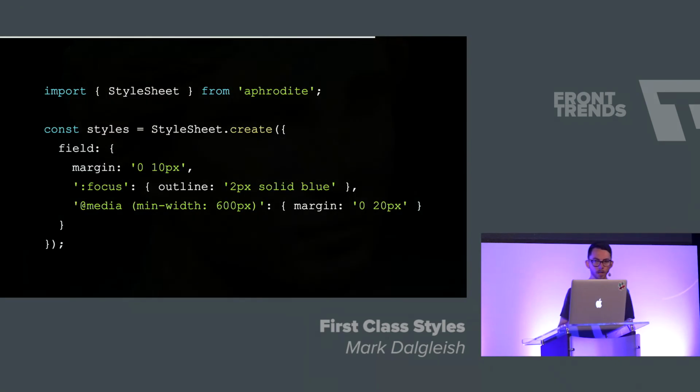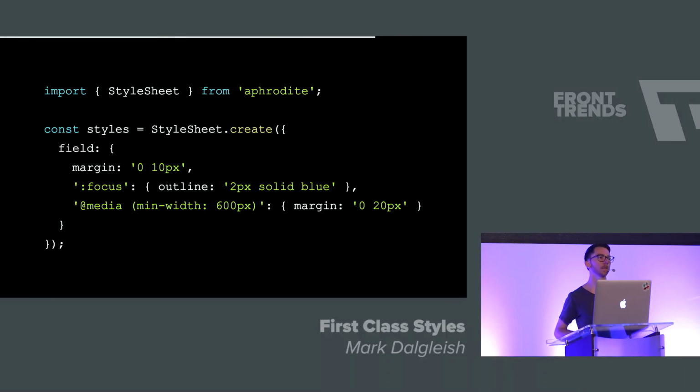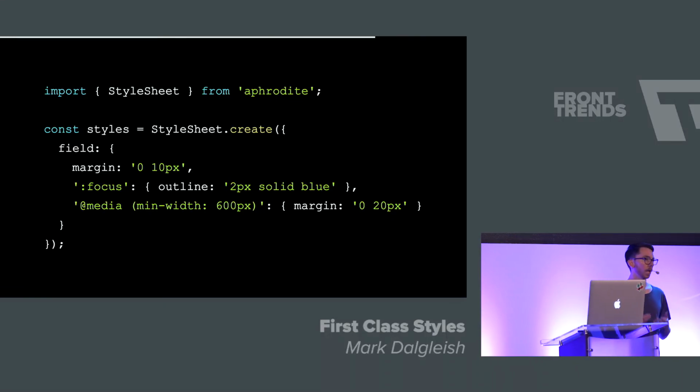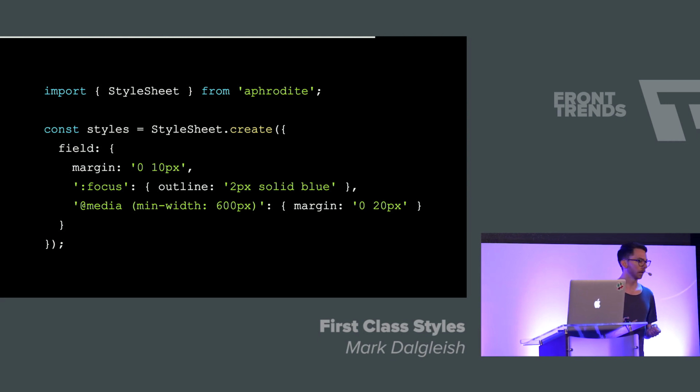What's really great about Aphrodite is it tackles these trade-offs head-on to try and solve them. While it looks very similar to the solutions we've seen before, like React style, the key difference is that it allows you to generate a style tag, which means you have the full support of all of the CSS features.